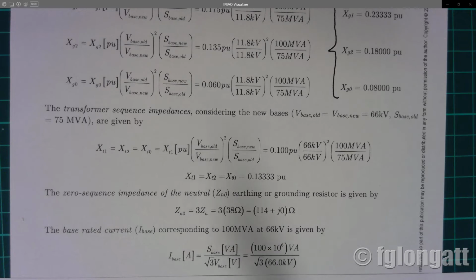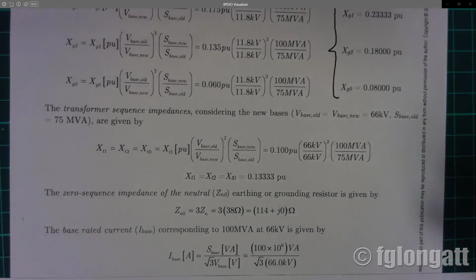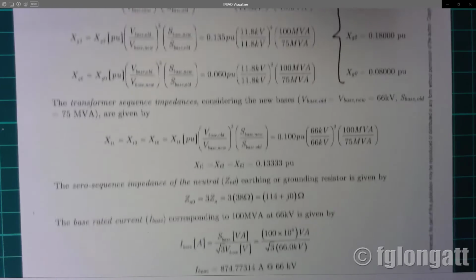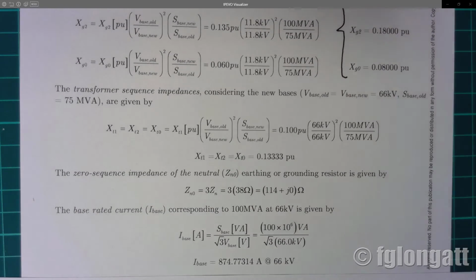What I'm trying to explain is that the base current is the base apparent power divided by square root 3 times the line-to-line voltage base, and that is 100 MVA divided by square root 3 times 66 kV. Now, what you will get is the base current.